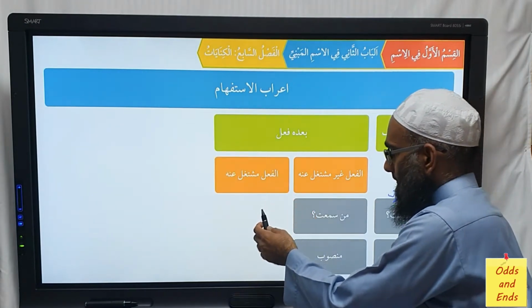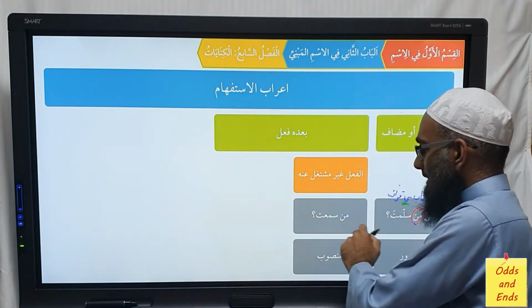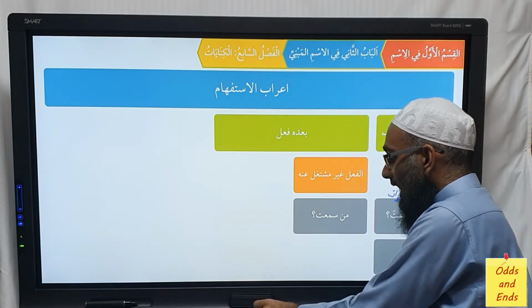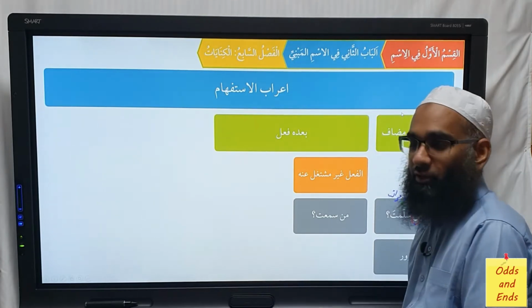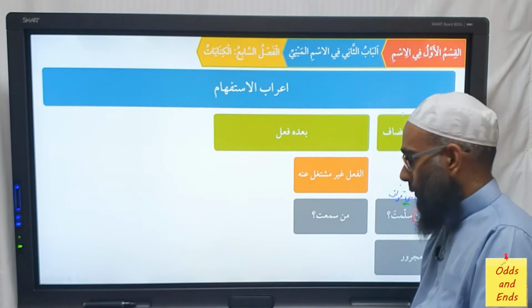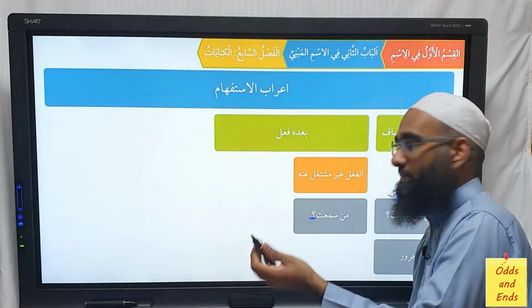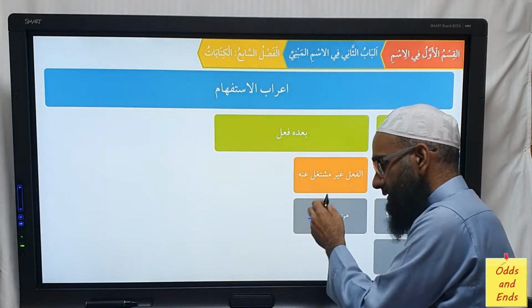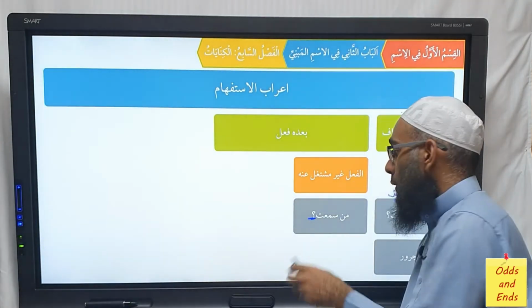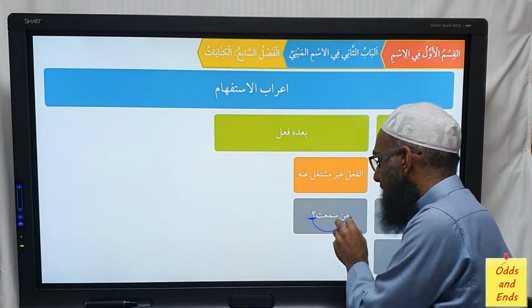So for example here, look. In here, man sami'ta. Does sami'ta have a zamir after it? No. There's no zamir after sami'ta, after the verb, which refers back to the istifham.